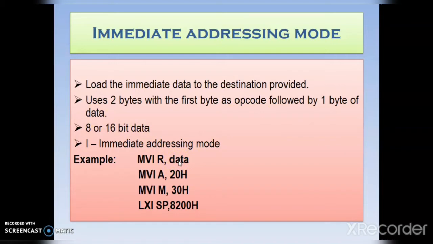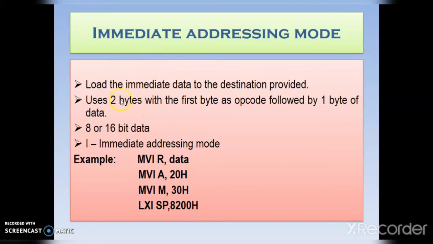So in this addressing mode we have 2 bytes. The first byte is the opcode, the hexadecimal code for the instruction, followed by data, whatever data we are giving here. We consider the data as the second byte in this addressing mode.